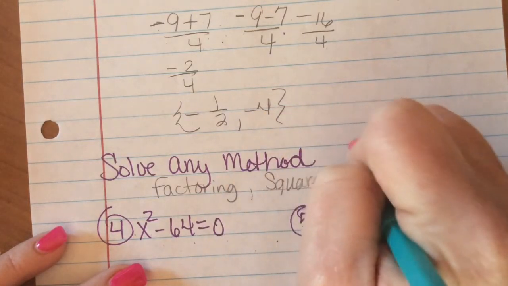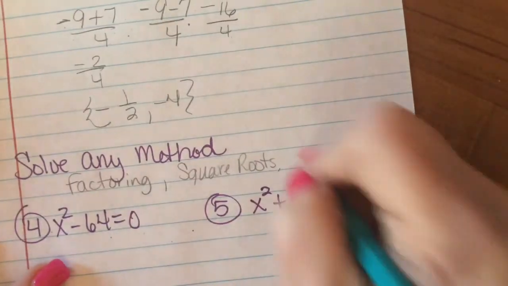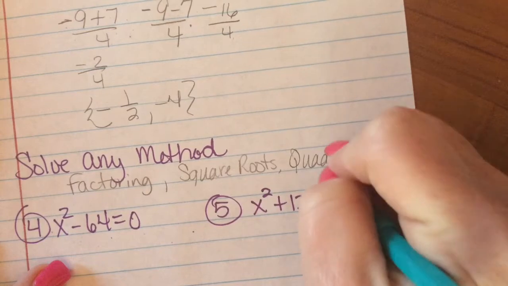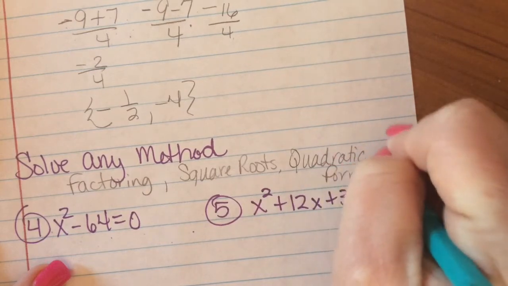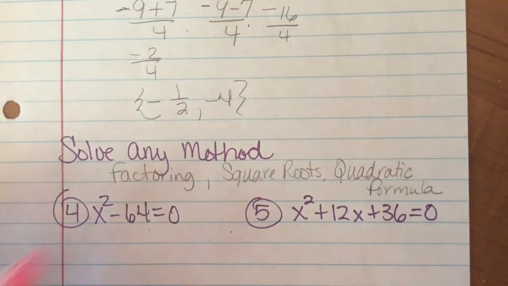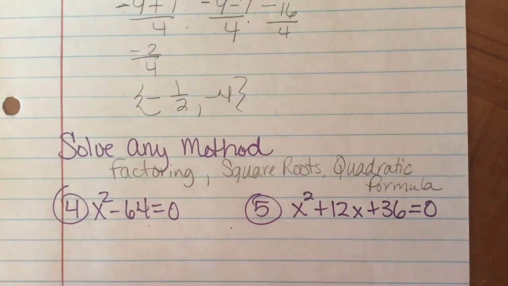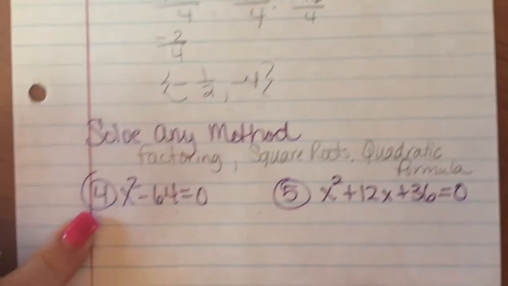And then the last one we just did was our quadratic formula. Any of these you can use to solve the type of problems we've been looking at. It's what you're comfortable with. I've shown you a bunch with the quadratic formula, so let's take a look.